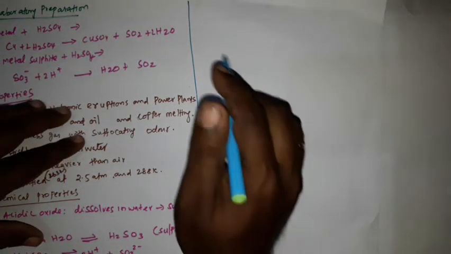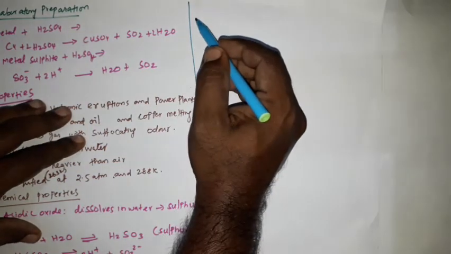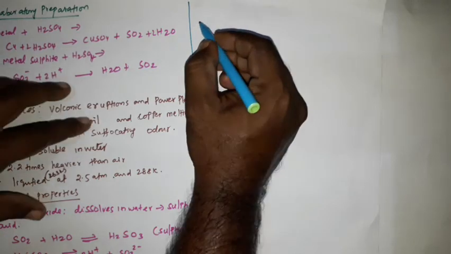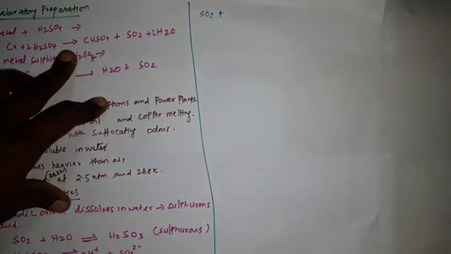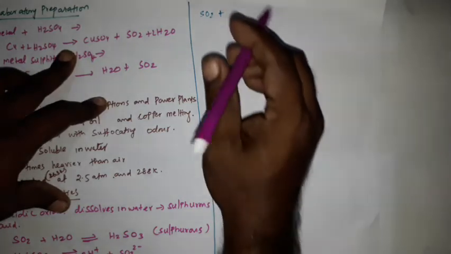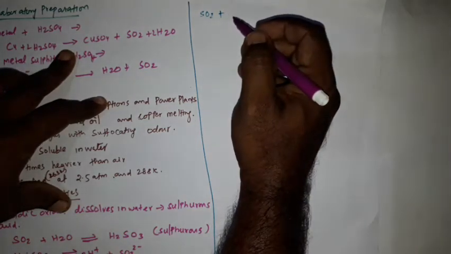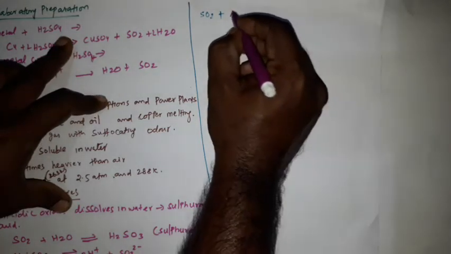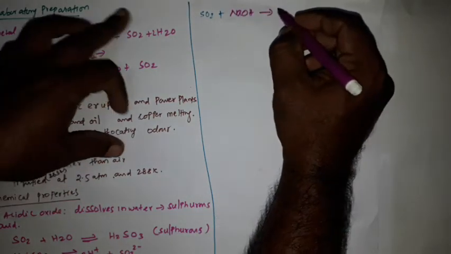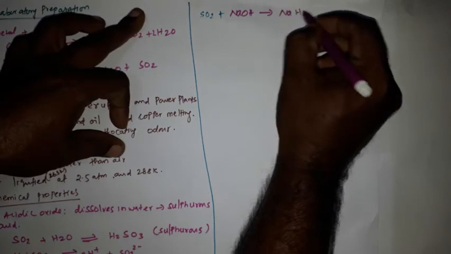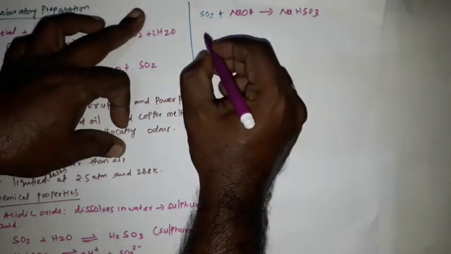Now see the reaction, that is SO2 plus sodium hydroxide NaOH, we are getting sodium bisulfite NaHSO3.